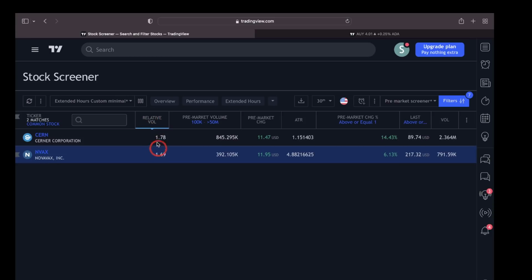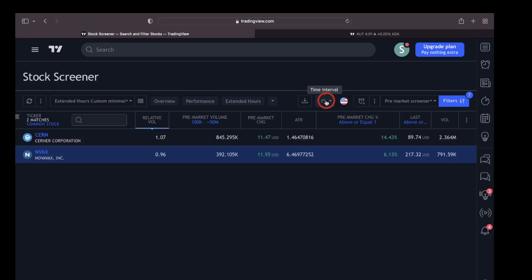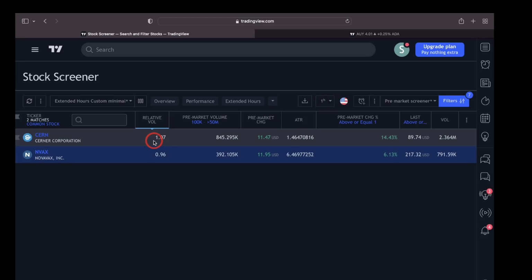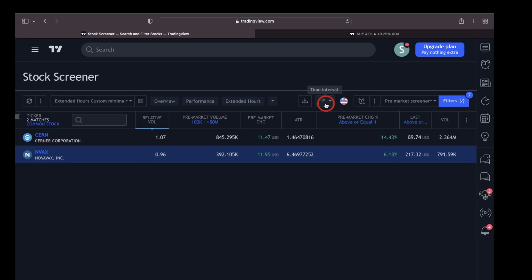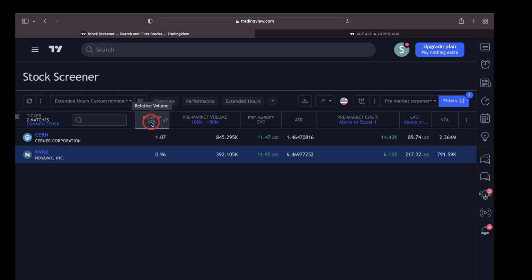The relative volume basically tells you how much the volume is, for the last 30 minutes to 1 hour, let's say, compared to the previous hour or previous time frame. If it's more than one, that means there's some action going on in the pre-market for that ticker. Ideally I would like it to be greater than one, but it's not necessary.